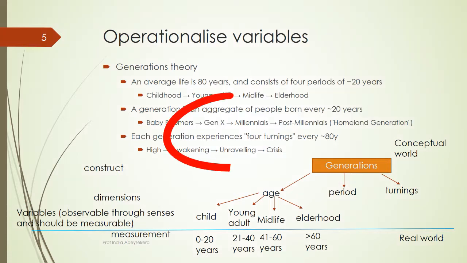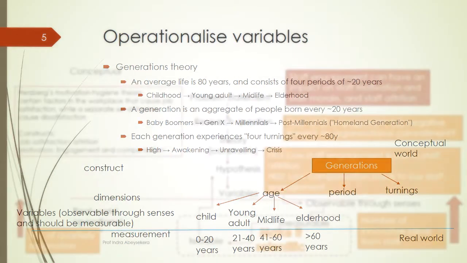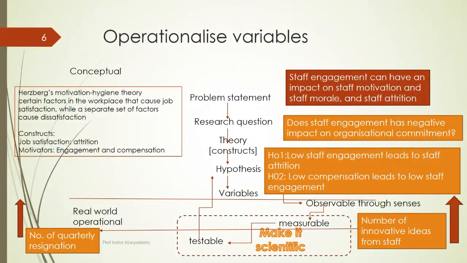Another way is high, awakening, unraveling, crisis. Now, the classification of generations we use is based on the research question, the one that best addresses the research question to solve that research problem.